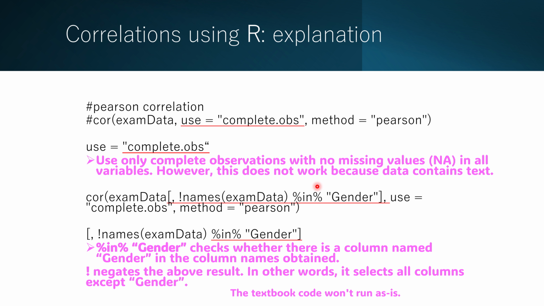However, this does not work because the data contains text. This command checks whether there is a column named gender among the column names, and the exclamation mark negates the above result. In other words, it selects all columns except gender.